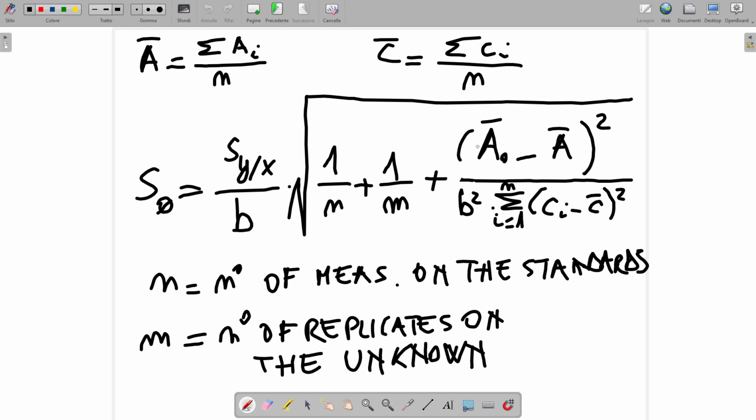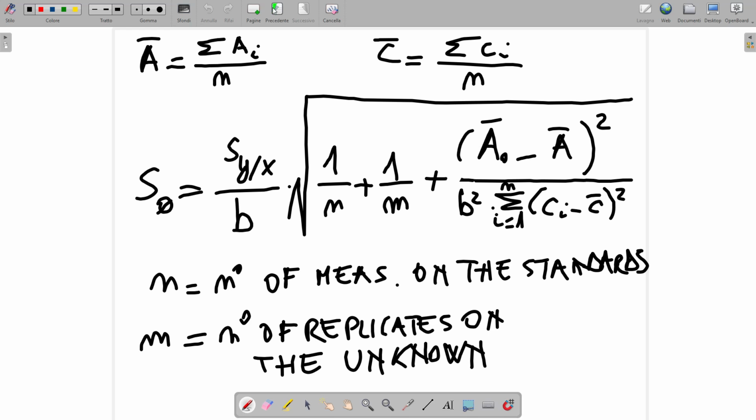Do you agree that this is equivalent to saying that I want C0 close to C average? It is equivalent. Having A0 close to A average is equivalent to having C average close to C0.